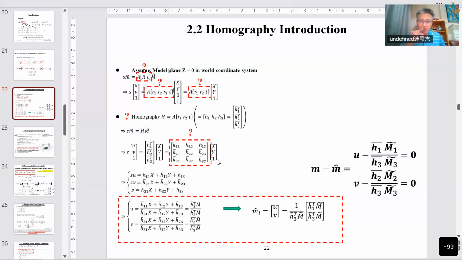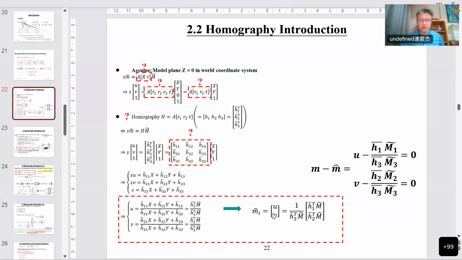Actually in here, this will be the estimation result, but our ground truth is here. So what we do is use the ground truth UV minus the estimation. This will be U plum, V plum. So this U plum V plum and this one become the same.